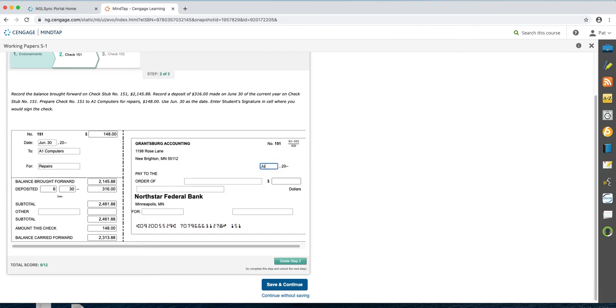Then you come over here to June 30, and we write the check. We wrote it to A1, and it's not coming up, which is fine. But usually it comes up. And you would write 100. We got a cap line, 100.